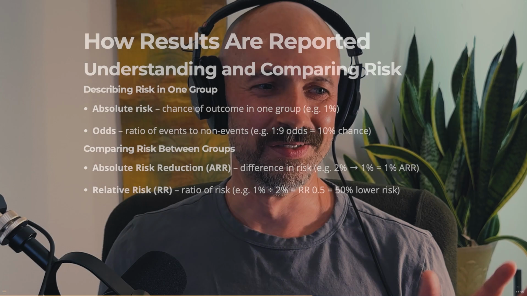Now, this is often overblown in the media, where there'll be a study that says this thing increases cancer by 50%. When they say it in that way, it's always talking about the relative risk. And that could mean a lot to a particular person, or it could mean almost nothing.